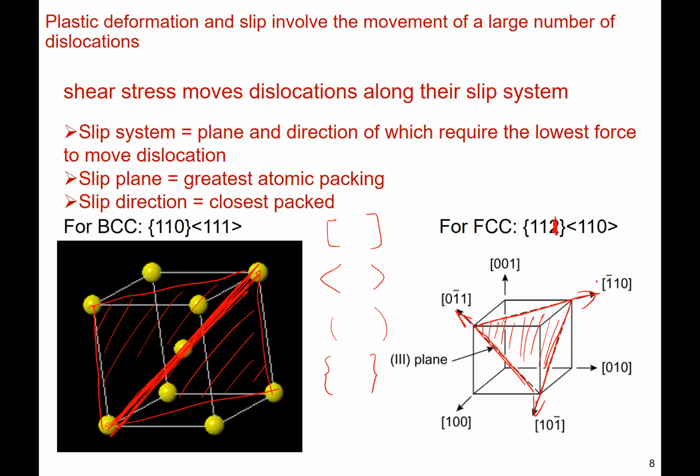Okay, so combined, this is a slip system, and there are 12 equivalent systems. So you can think about 1, 1, bar 1, 1, bar 1, bar 1, right? You can think about all the equivalent planes and the equivalent directions, and that gets you to 12 systems for FCC, right? The 111 plane is the highest packed plane, and this is the direction that it can move along that plane. Okay. And this is all worked out for you.